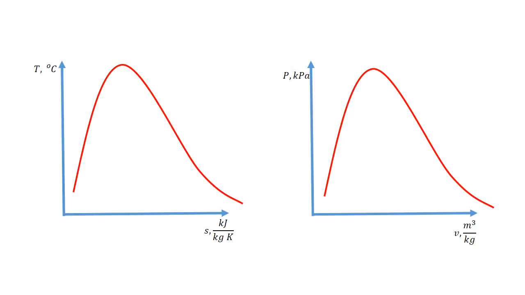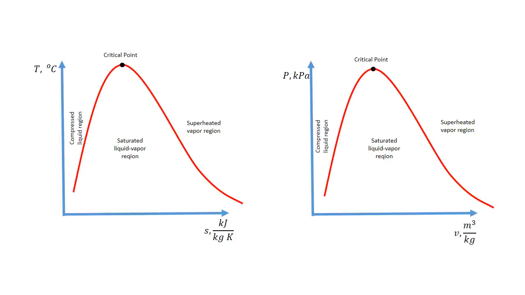This diagram consists of a compressed liquid region, which is at the left of the graph, superheated vapor region, which is at the right of the graph, saturated liquid vapor region, which is under the curve of the phase diagram, and the critical point, which is where the saturated liquid and saturated vapor states are identical.